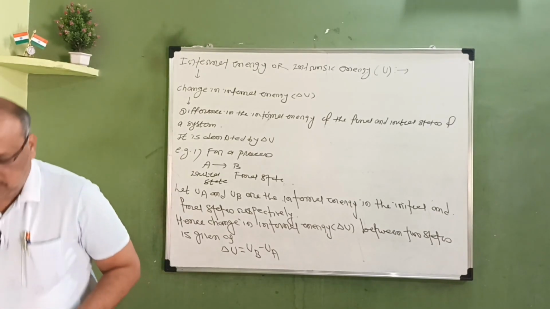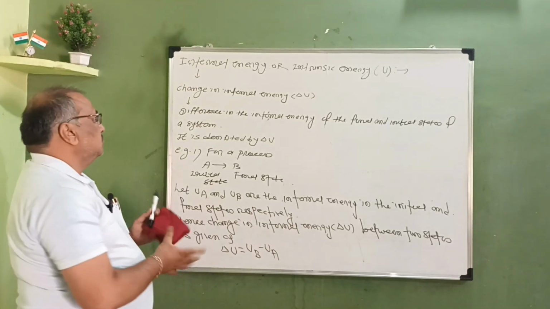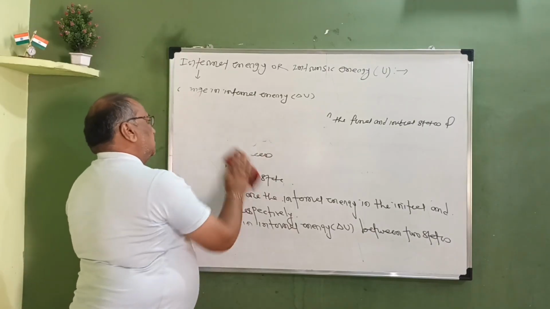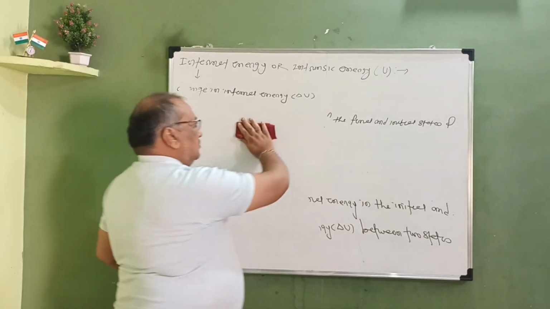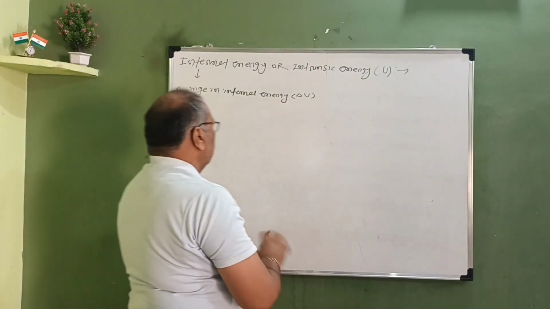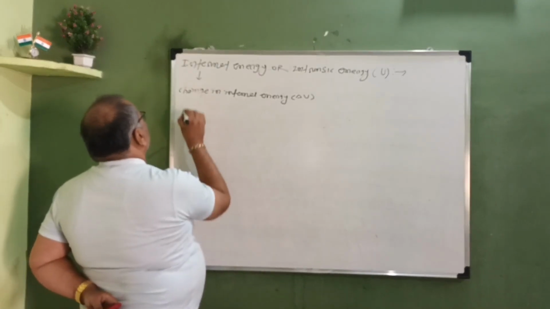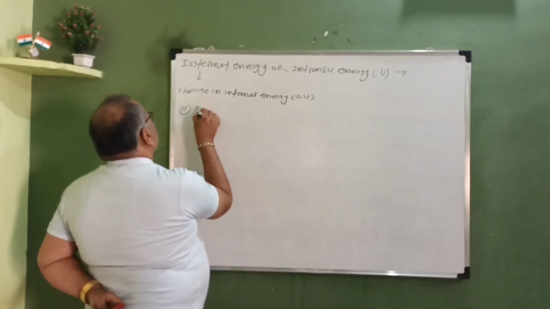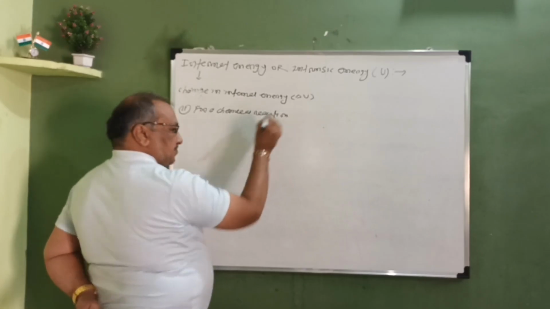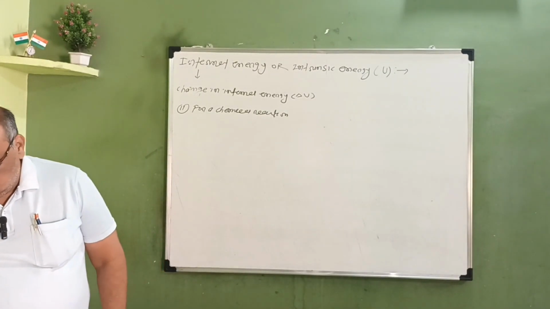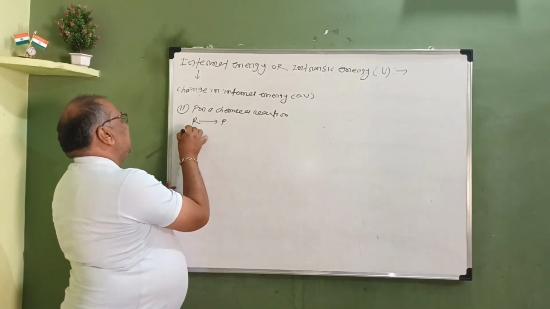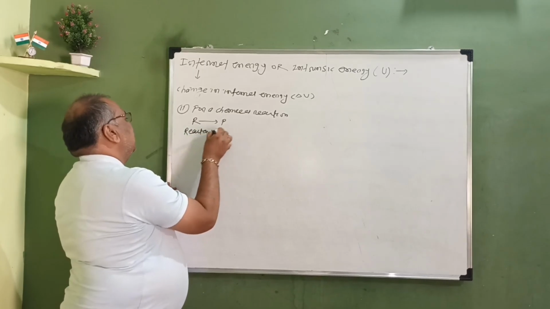Now second here, for a chemical reaction R changes to P, this is reactant and this is product.